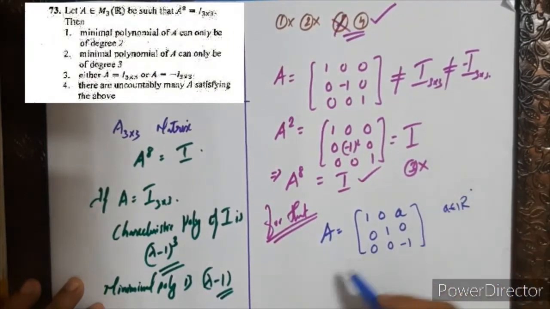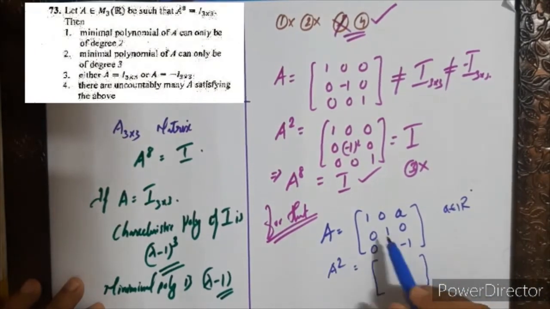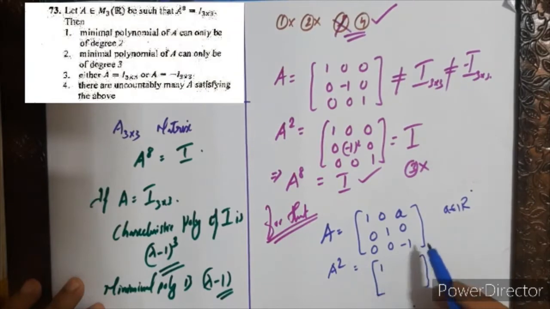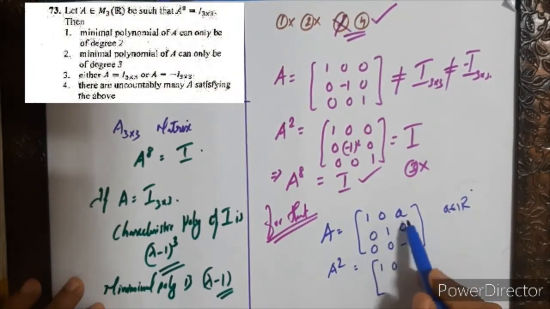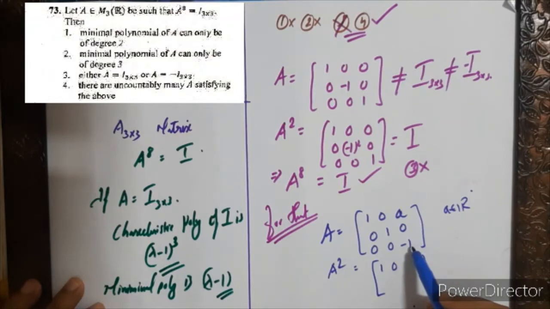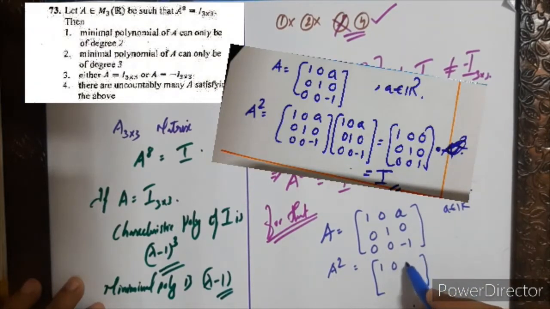to R, then A square is equal to the product of these matrices. The top-right entry becomes a minus a, which is 0, so I will get the identity matrix.